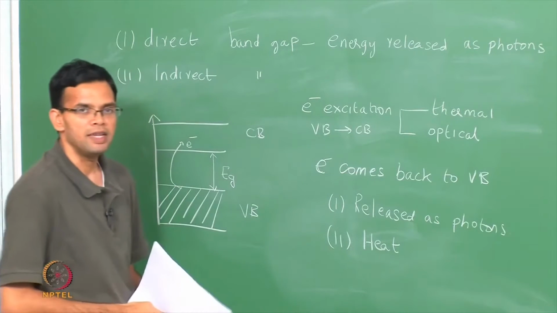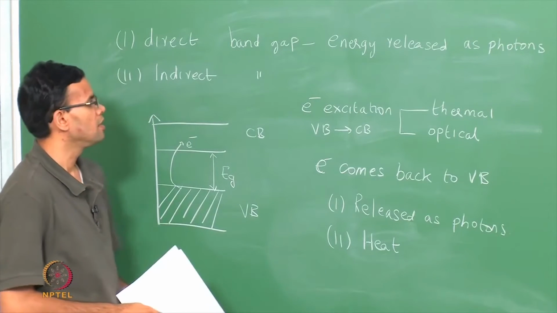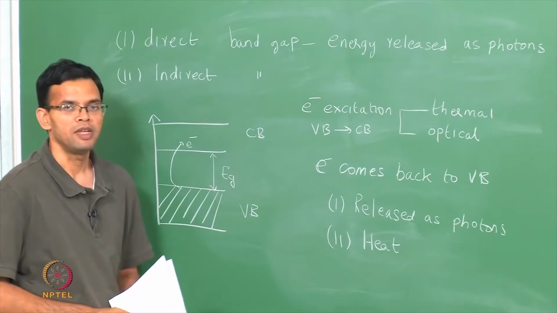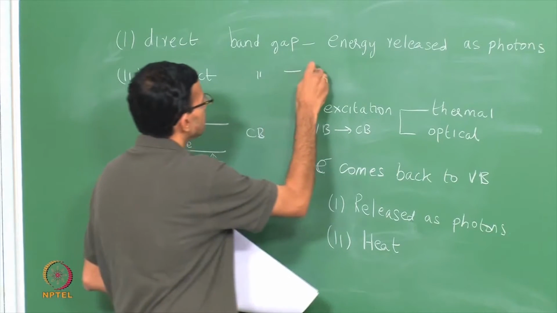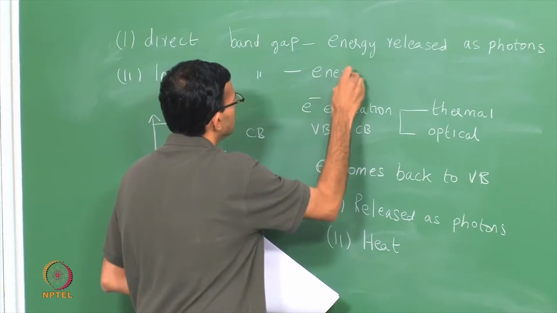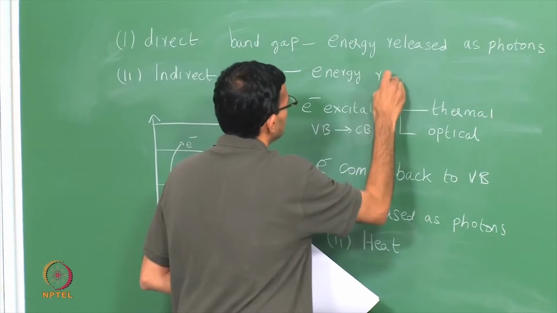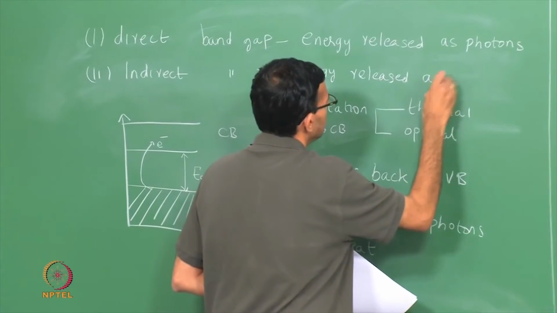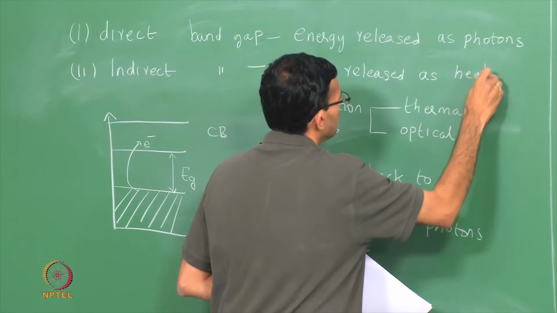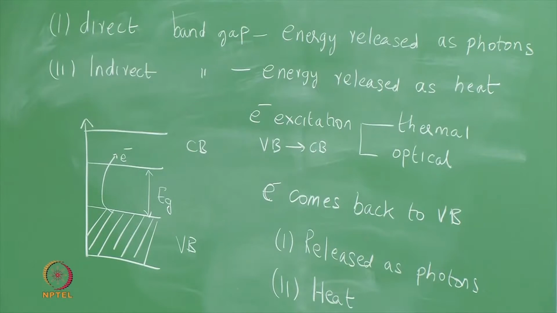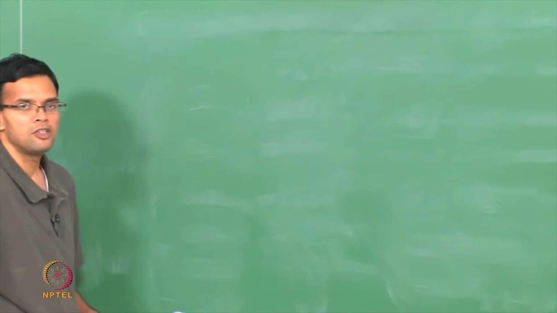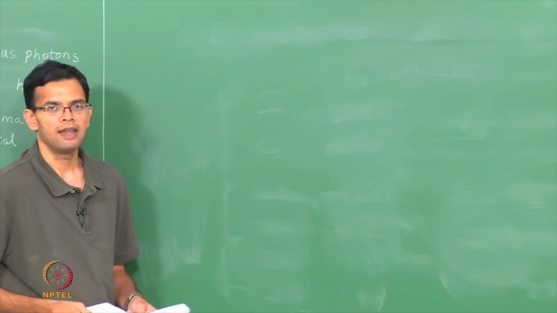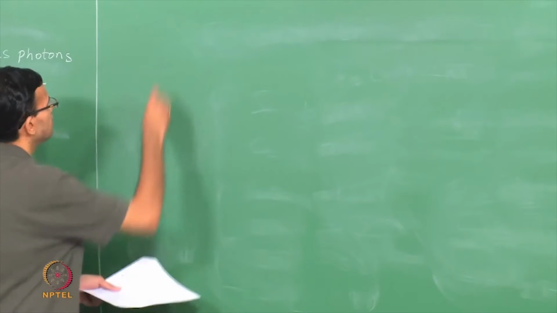In the case of indirect band gap semiconductors, the energy release is dominantly as heat. So, let us look at some examples of direct and indirect band gap semiconductors.